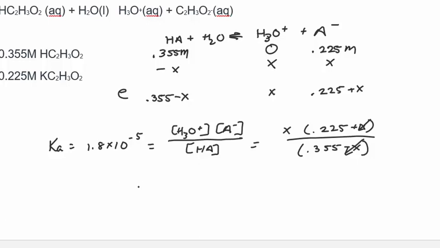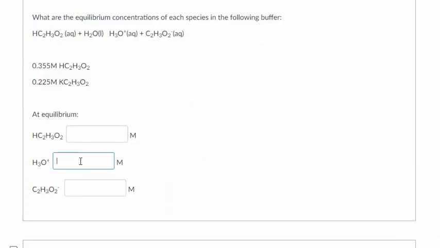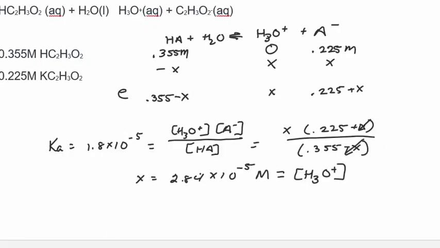Now that is molarity, which is the concentration of my hydronium ion. So I can insert that right here. And I'm going to put that in standard form. If you want to put that in scientific notation, I'll try to get the system to take it. However, I will grade this manually. And then our effective concentrations of weak acid and conjugate base are the same because this amount is so small relative to these things that you're not going to notice that difference. So those are the answers there.